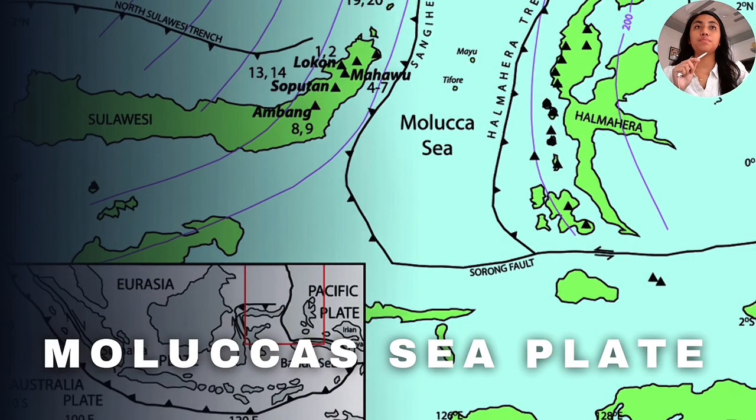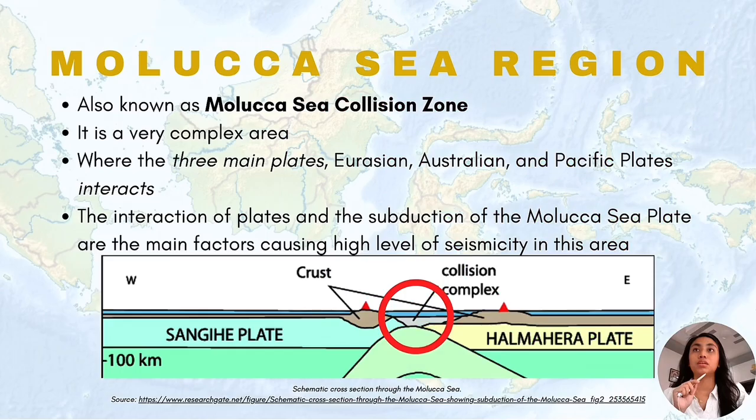So after knowing the major tectonic structures around and within Indonesia, let's dig deeper into how unique Indonesia is. Now, we will discuss the Molucca Sea Plate. But before that, I'll first discuss the geologically fascinating and complex area in Southeast Asia, the Molucca Sea region, also known as the Molucca Sea Collision Zone.